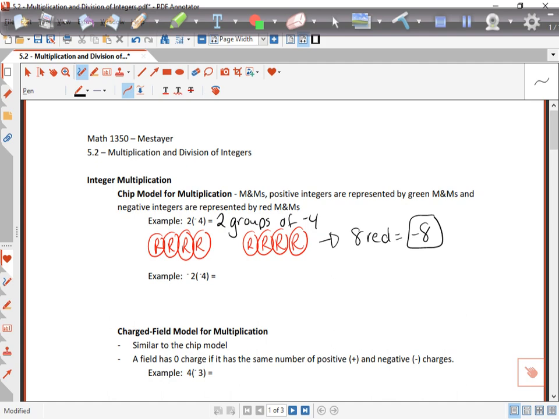Now, when your problem starts with a negative, we're going to put the word remove in front. Remove 2 groups of negative 4.